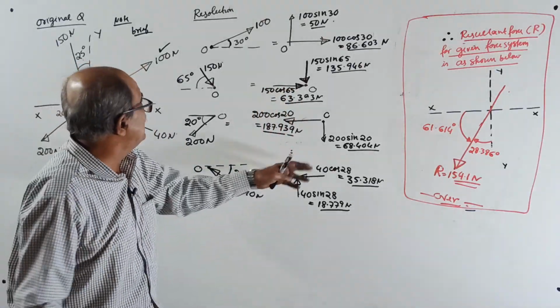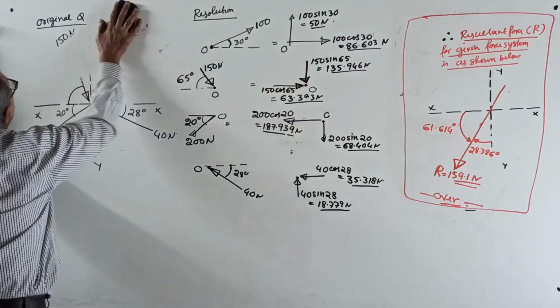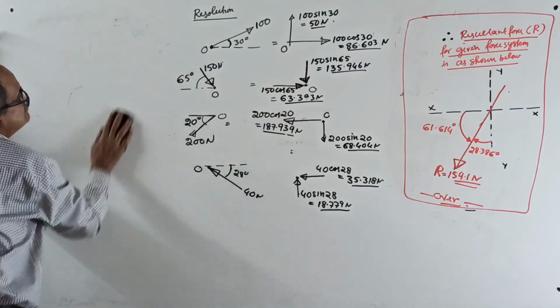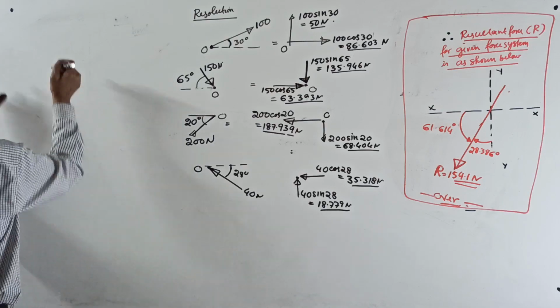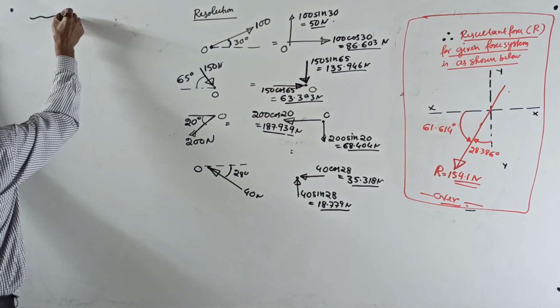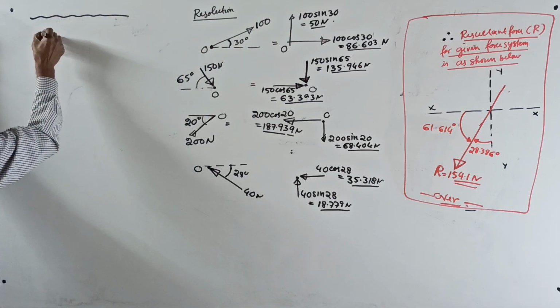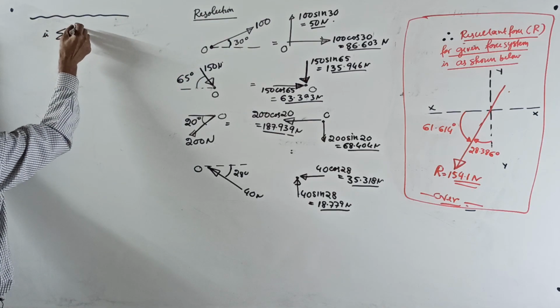Now, after resolution, the given force system will vanish. Now briefly I will tell. Therefore, the algebraic sum of the components of the given force system in the x direction is called sigma Fx.